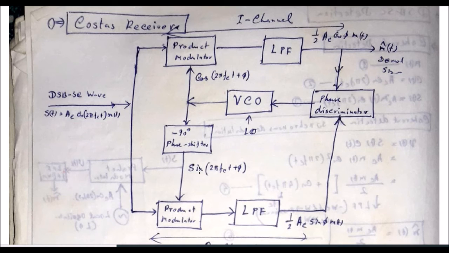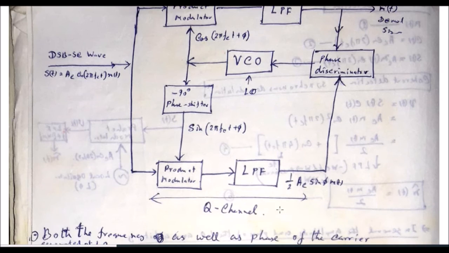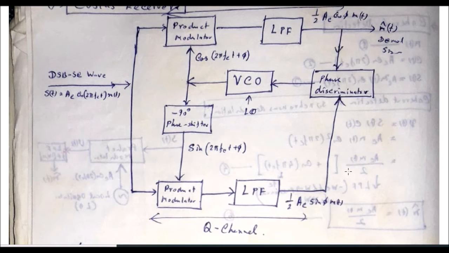Quadrature means 90-degree shifted, minus 90-degree or 90-degree shifted. Quadrature of the carrier is multiplied with the received signal. That's why this channel is called the Q channel or the quadrature channel. And the output of this will be associated with the sin phi.